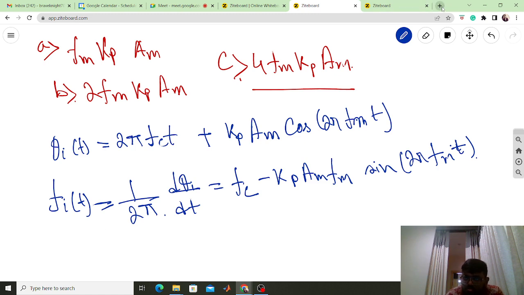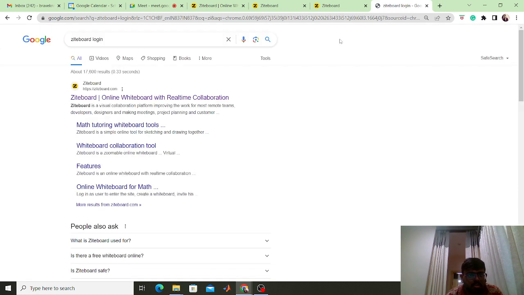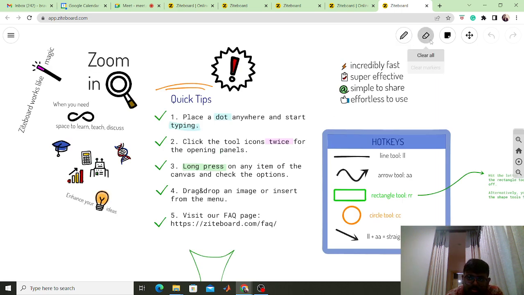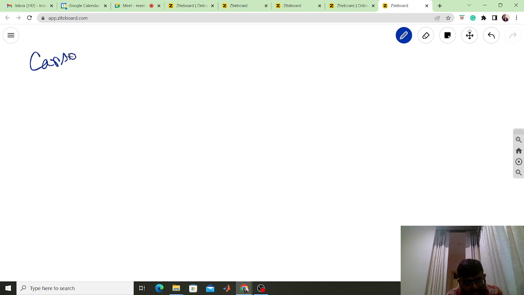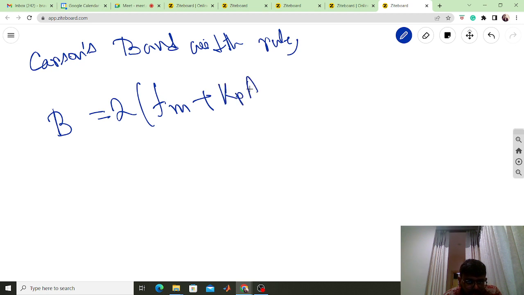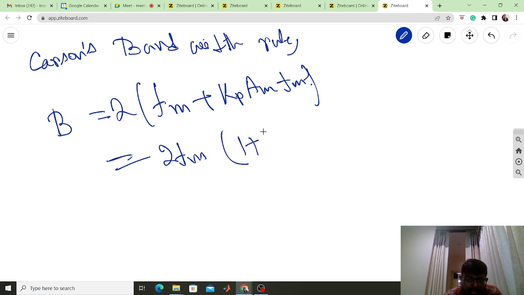Now we just use Carson's bandwidth rule, then we can approximate bandwidth equal to 2 into fm plus kp Am fm, that is equal to 2 fm into 1 plus kp Am.